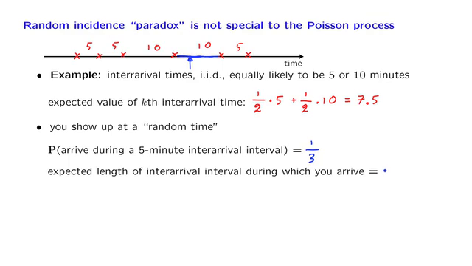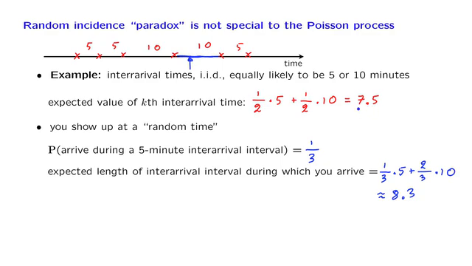For this reason, the expected length of the inter-arrival interval that you get to see when you arrive is equal to, with probability 1/3 you see a 5, and with probability 2/3 you see a 10, and this number evaluates approximately to 8.3, which is indeed larger than 7.5.